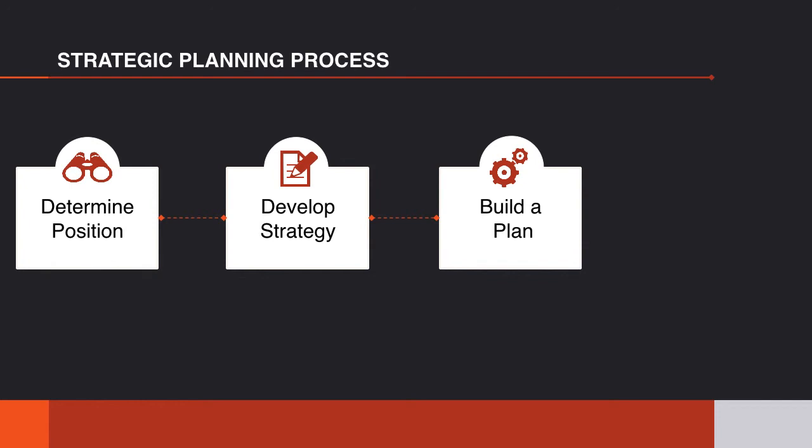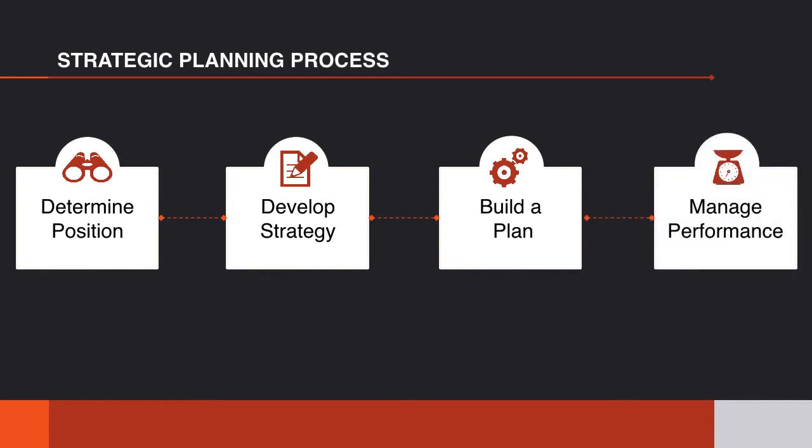The strategy always comes before the plan. The last step is to manage the performance. What systems can you put in place to make sure that your school is working towards your organizational goals? This course is centered on all 4 steps, and we will look at each in more detail throughout the modules.